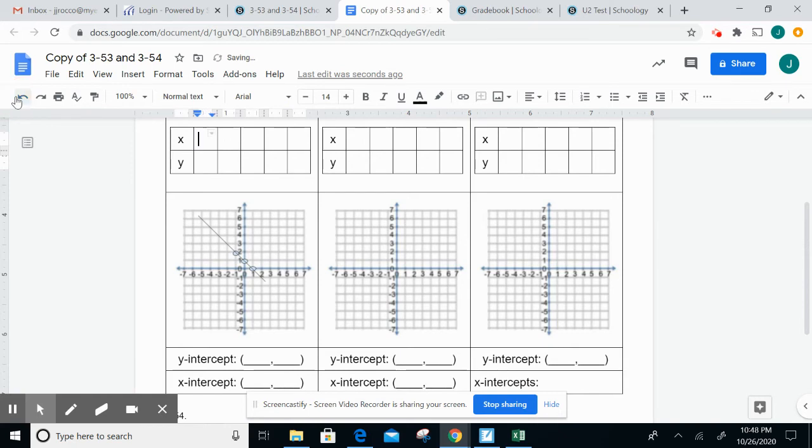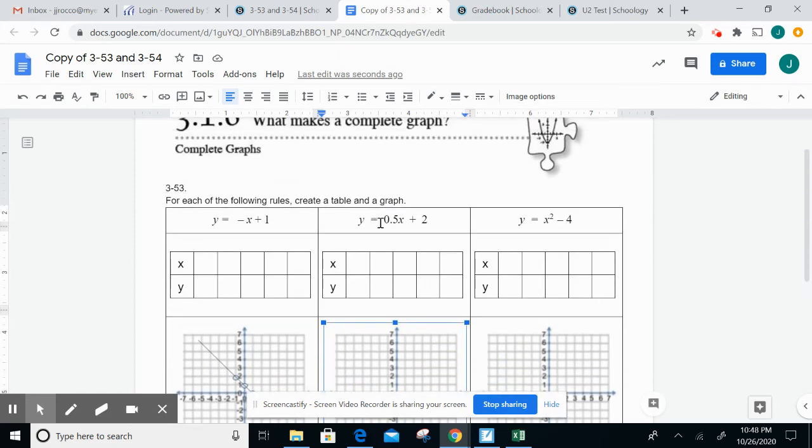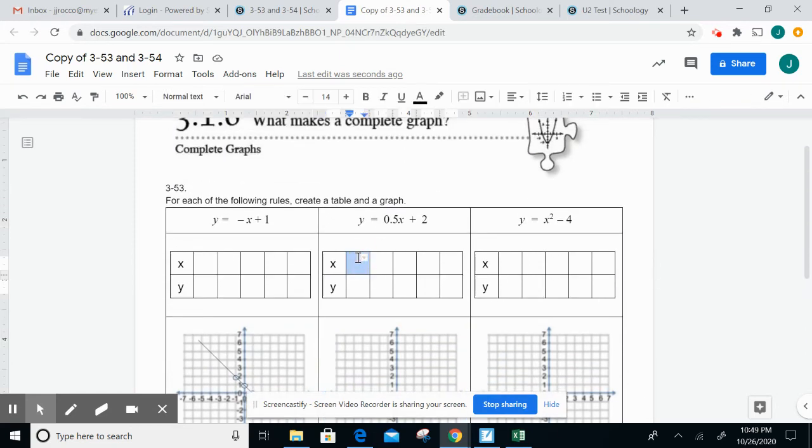Now, for the next one, just a couple. I'm not going to give you the answers on the next two, but a couple tips here. So you could do the same thing: -2, -1, 0, 1, 2. Now, you could do this, you'd be just fine, but you will end up with some decimals, right? Because if you plug in 1, 1 times a half is a half, plus 2 would be 2.5.